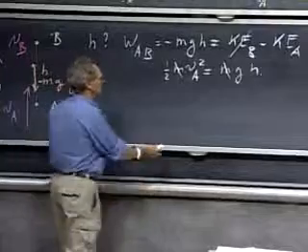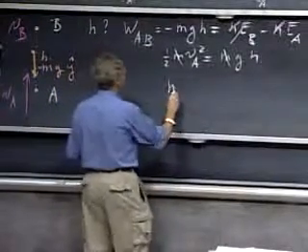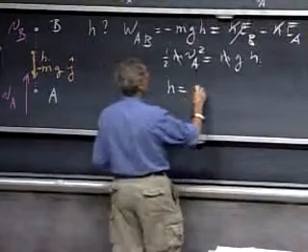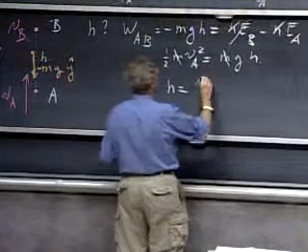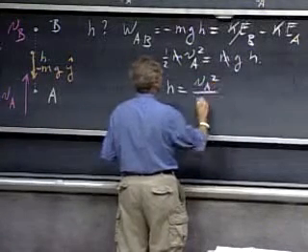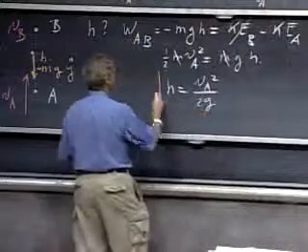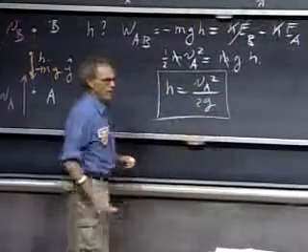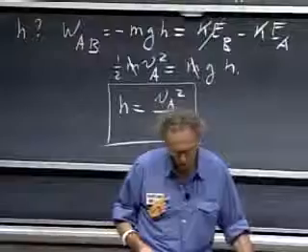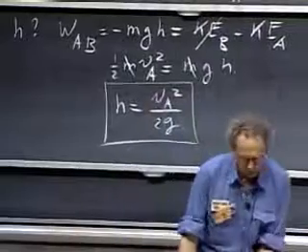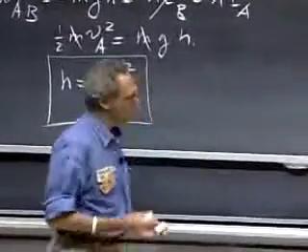The m cancels, and so you'll find that the height that you reach equals VA squared divided by 2g. And this is something we've seen before. It was easy for us to derive it in the past, but now we've done it purely based on energy considerations.